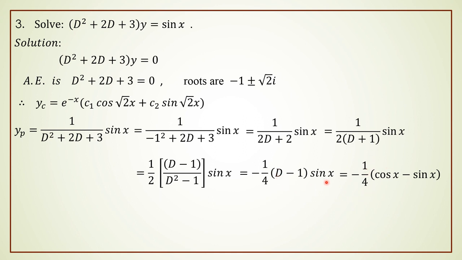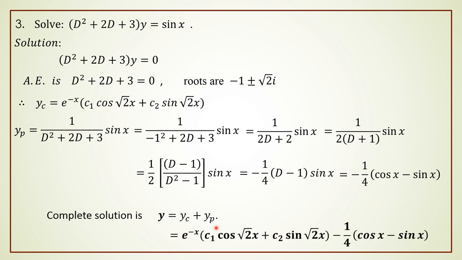So minus 1 by 4 D of sin x. D of sin x implies the differentiation of sin x. The derivative of sin x is cos x, minus 1 into sin x is sin x. So this is the particular integral of the given differential equation. Therefore, the complete solution of the given differential equation is y equal to the sum of the complementary function and the particular integral.